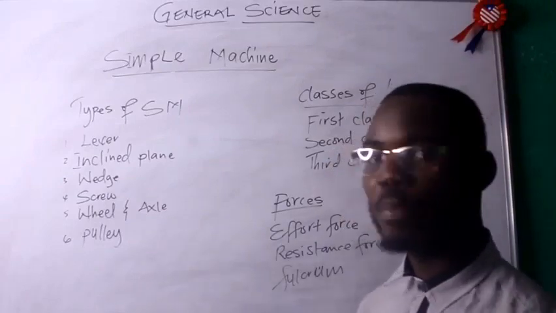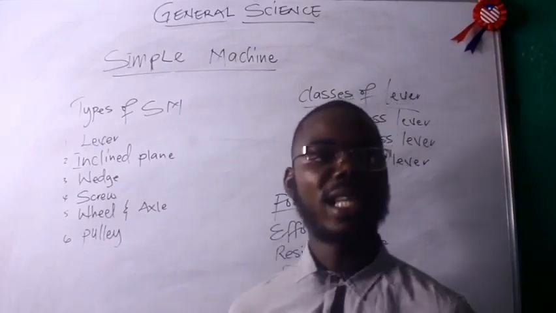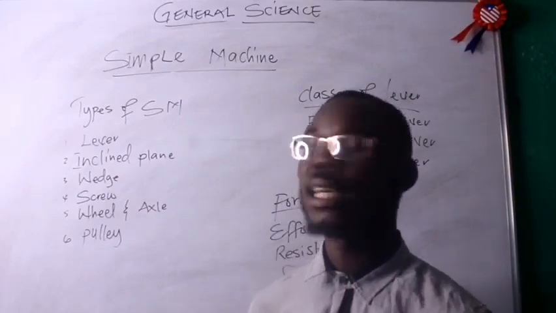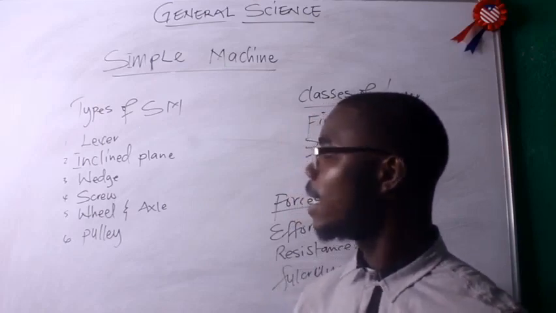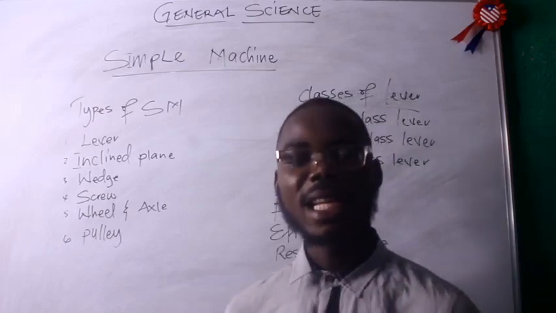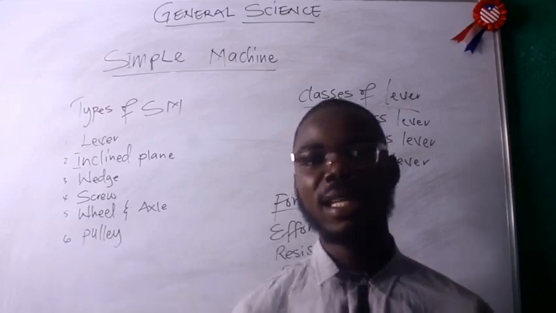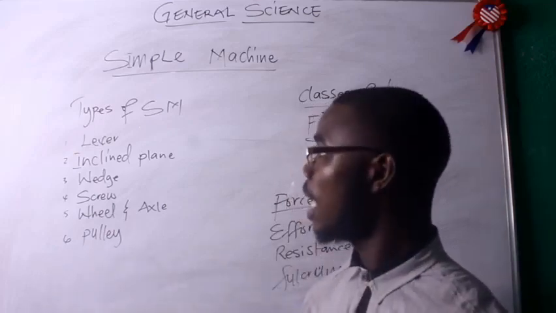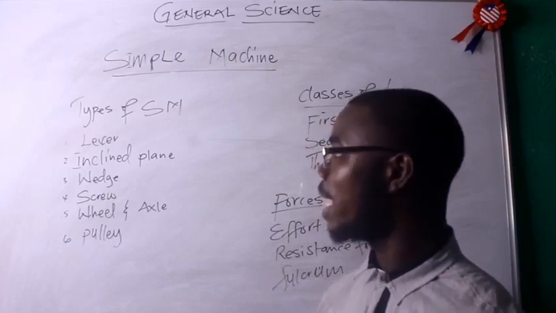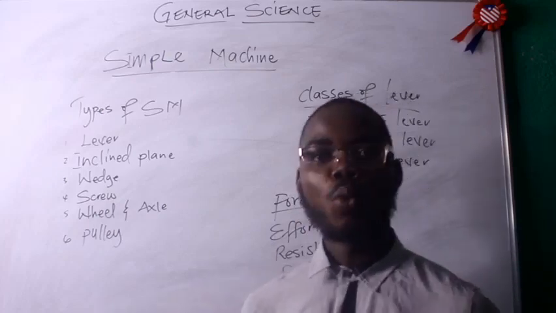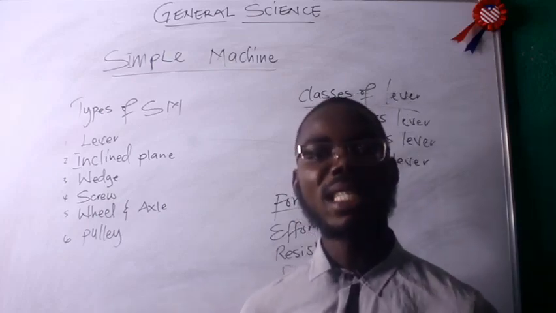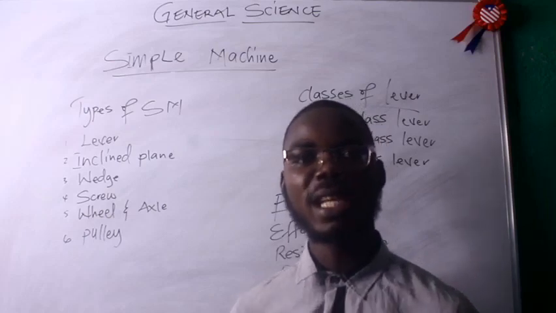Now, let's look at inclined plane. An inclined plane is another type of simple machine. An inclined plane is a type of simple machine that has a flat surface with one end higher than another. Now, another type of simple machine is wedge. Wedge is a simple machine that is used to tear objects apart.